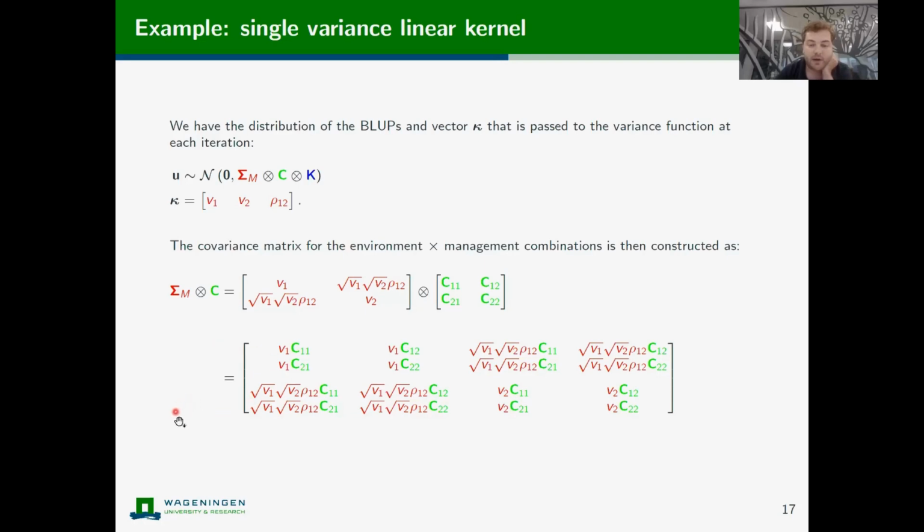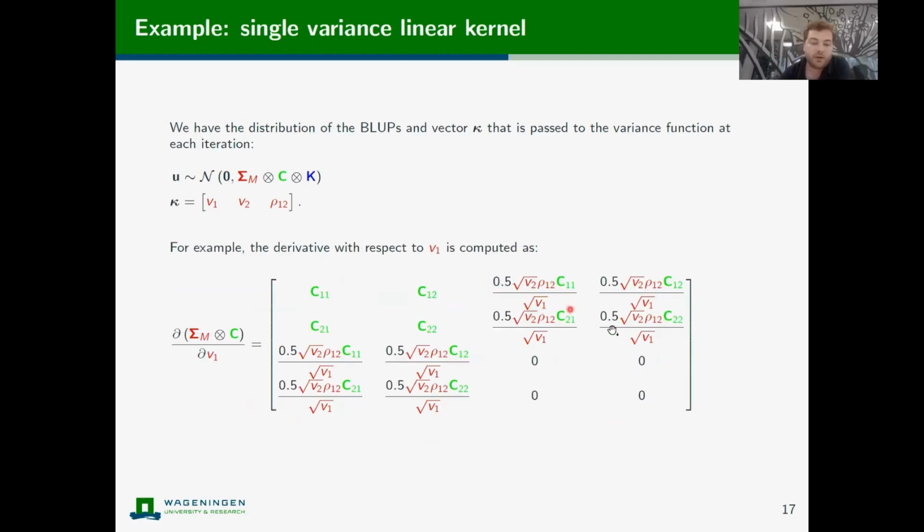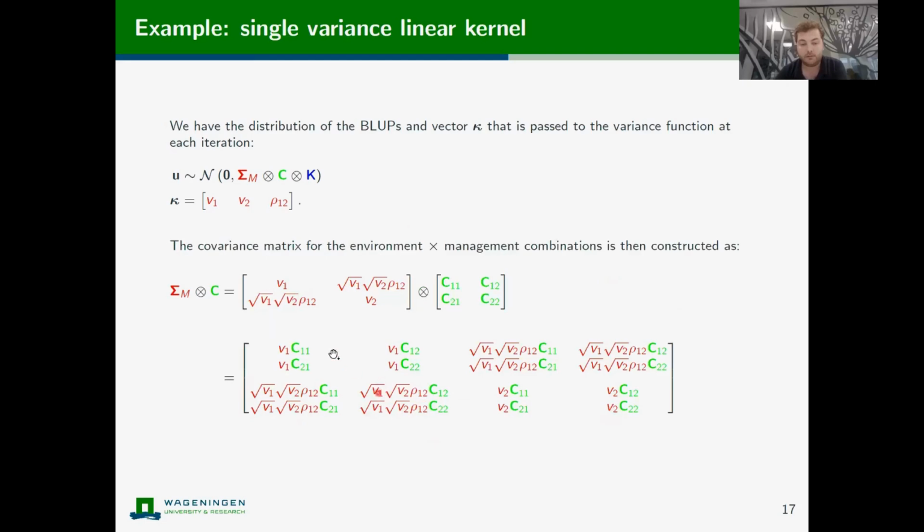So if we think back to the own function, we needed to specify an external variance function that returns the covariance matrix, which would be this thing, and it needs to return the derivatives as well. So just to give one example, if we take that covariance matrix on the last slide, and we want the derivative with respect to the first variance, it's simply looking at which elements depend on V1, and then computing the derivatives with the normal rules.